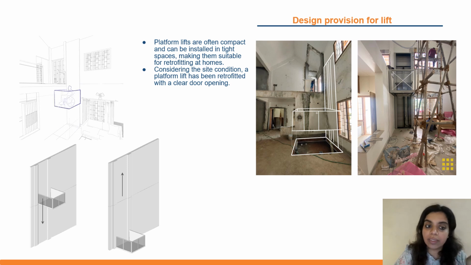And the other thing that we saw was that the clear door width, even for a lift, is not maintained as 900 mm, which makes it very difficult for anybody on a wheelchair to be able to enter this lift. And once you're inside the lift, there has to be a space for a person who's accompanying the person on the wheelchair, and even the heights of your buttons, and how you would move up, everything is important.